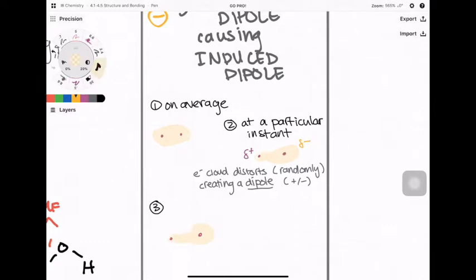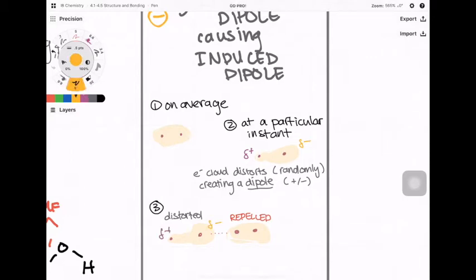And what ends up happening is that instantaneous dipole, that dipole that was created just randomly in an instant, is not alone. It's surrounded by other similar molecules, and the partially positive and partially negative distorted electron charge causes a distortion in the neighboring molecule.